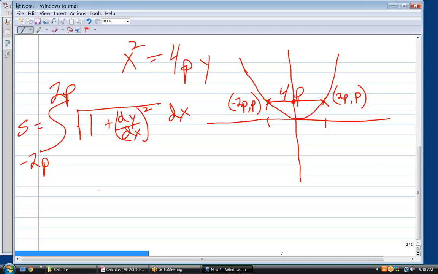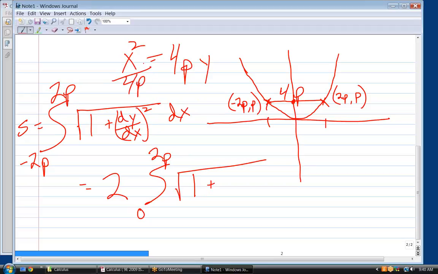Specifically, because of the symmetry, I can let it be equal to 2 times the integral from 0 to 2p of the square root of 1 plus, well, what is dy/dx?